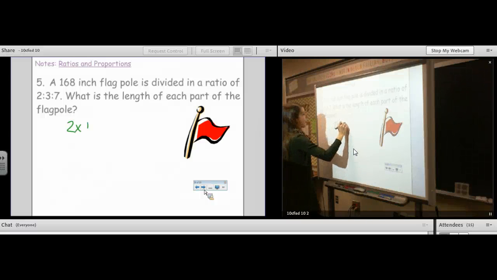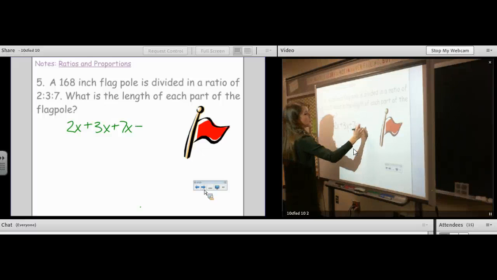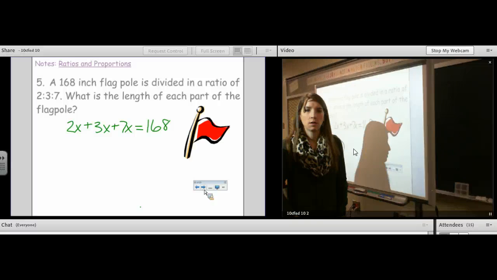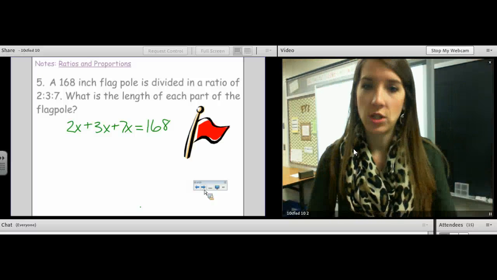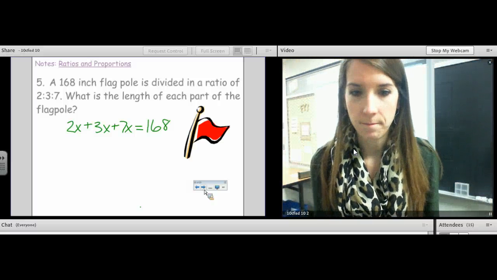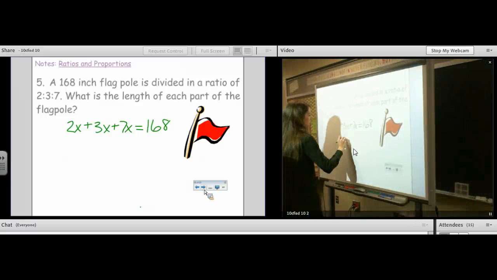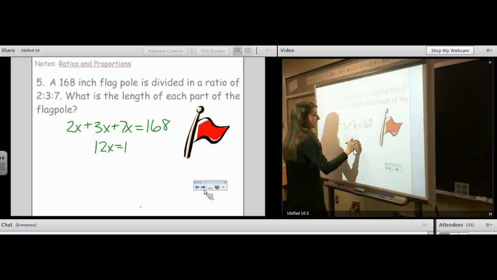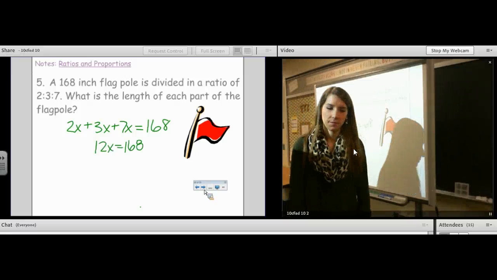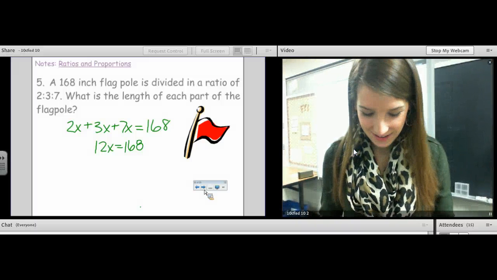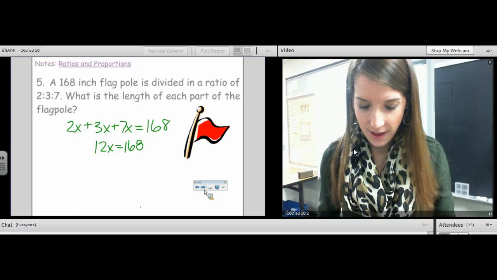So there's one number out there, 2x plus 3x plus 7x equals 168. So our ratio is 2x to 3x to 7x. Oh, you're already done? Okay. Sorry. 12x equals 168. So what's that common value that you can multiply them by? 168 divided by 12.